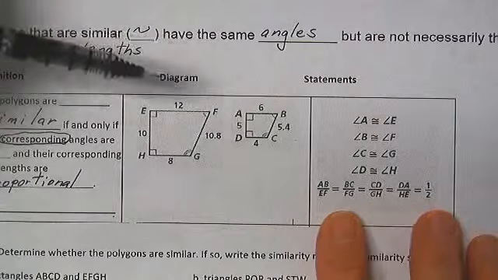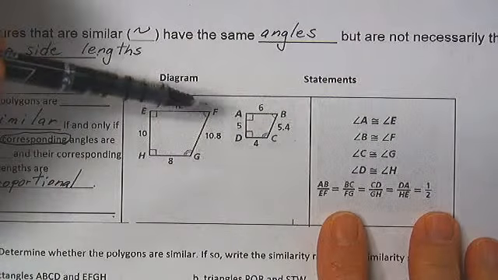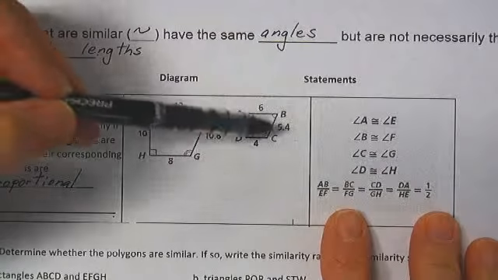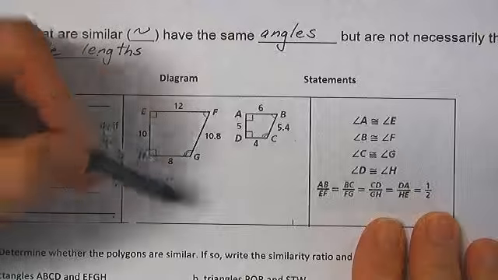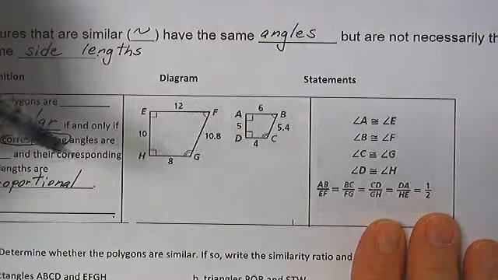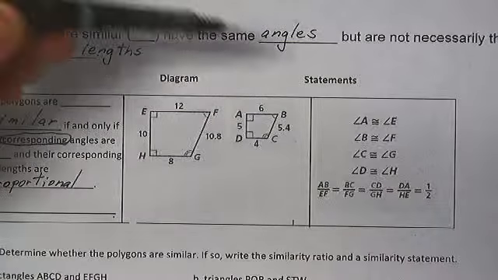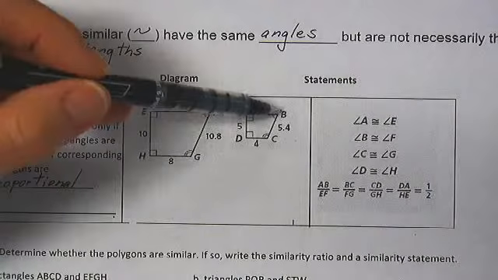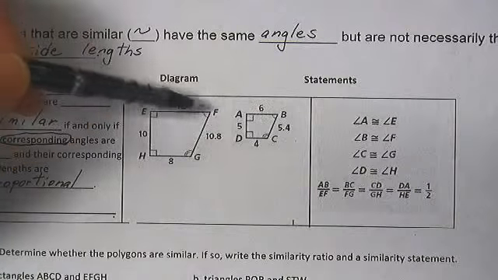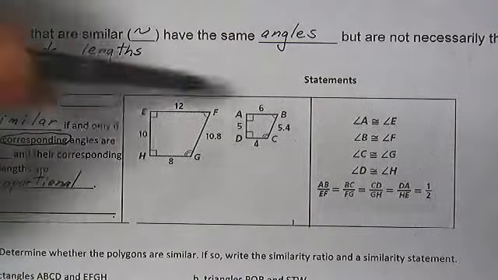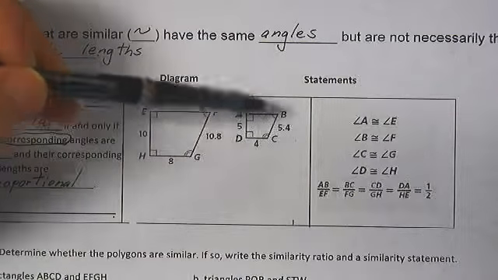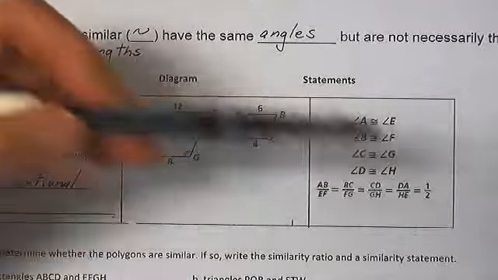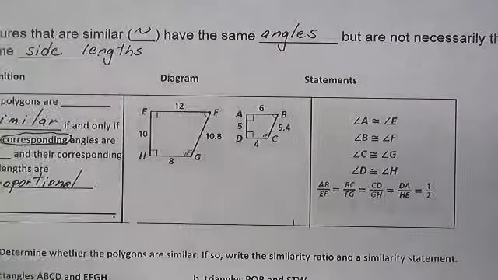So my scale factor from here to here is 1 to 2. My scale factor from here to here is 2 to 1. Okay? AB is to EF, 6 is to 12, as 5.4 is to 10.8 is 1 is to 2. Okay?